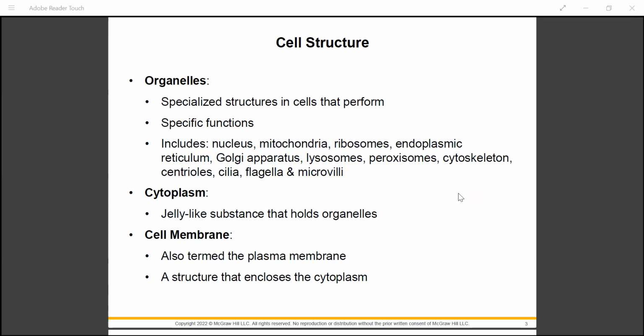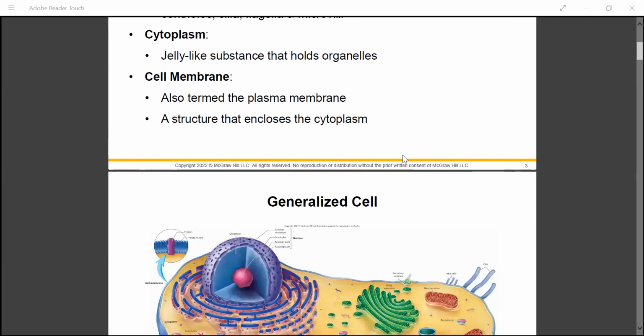This includes our nucleus, mitochondria, ribosomes, endoplasmic reticulum, the Golgi apparatus, lysosomes, peroxisomes, cytoskeleton, centrioles, cilia, flagella, and microvilli. So there's a lot of different organelles that make up cells. And we are going to talk about each organelle individually.